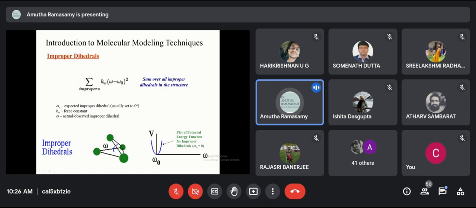You can consider this one plane system, another plane system, and the angle between the 2 plane systems, each with a 3 atomic system. This is one 3 atomic plane, this is another 3 atomic plane, and we have an angle between these planes formed by the 3 atoms. So we keep omega minus omega 0, the whole square. Again this comes between 0 to 1, so it has also the potential like this.